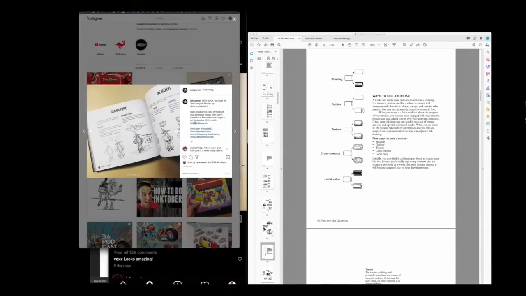He has render, and what does he have here? Value, texture, and right here is form. I'm sure, even though I don't see that word, I know that's what he's written. Why? Because that's exactly what I have in my book, in the texture section.